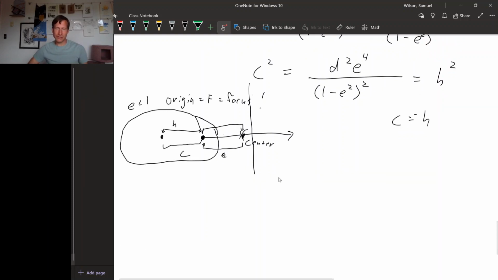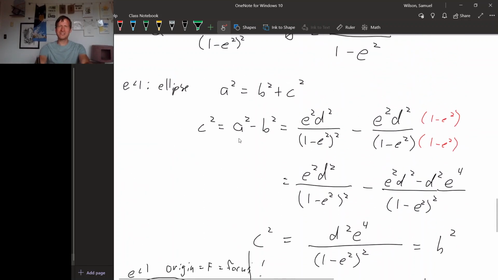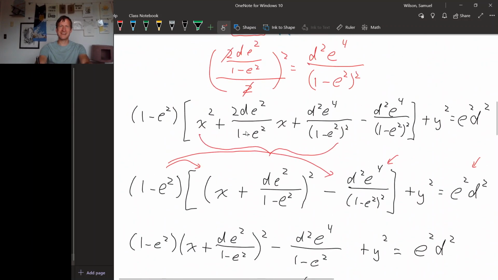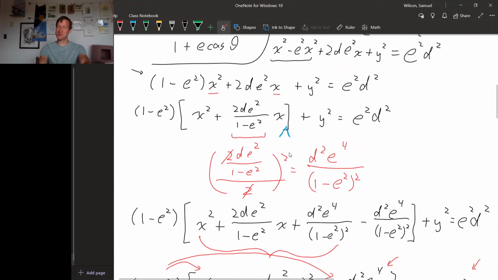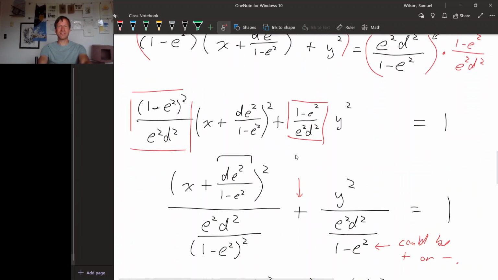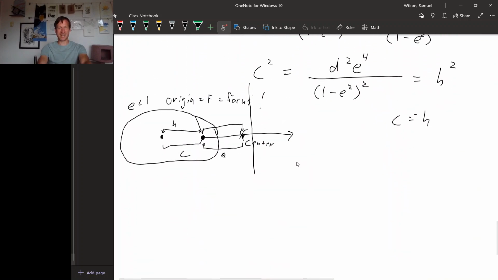All right, so it turns out that this crazy equation that we started with, this idea of having a ratio of distances, so choosing a focus and a directrix, essentially, and having a ratio of distances be constant, after all of this terrible, terrible algebra, it turns out that we just get a conic section.